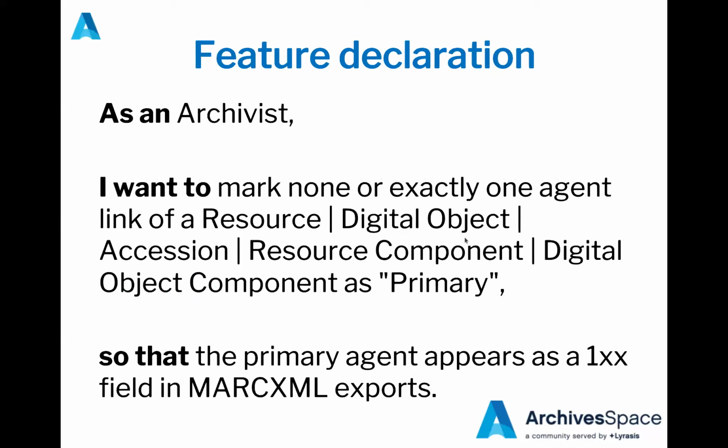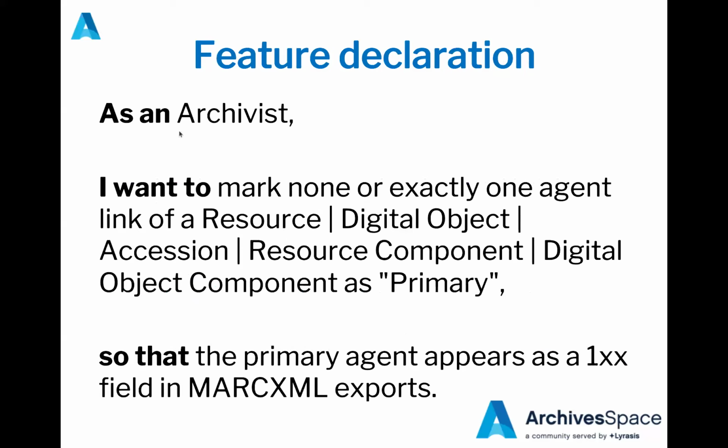So let's talk a little bit more about this feature declaration, or the slight change that I would propose to it. Basically, I would just add one more part, the part that is missing in the Jira title of this issue.